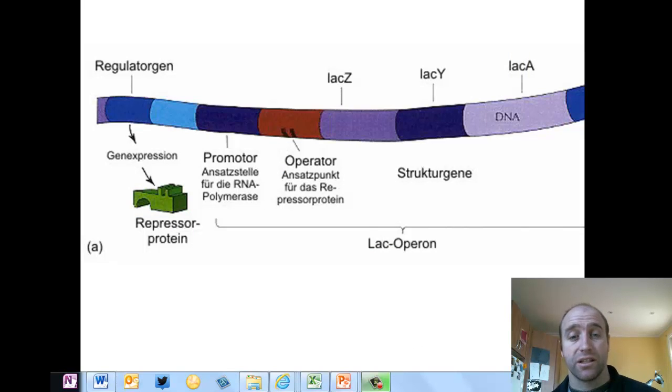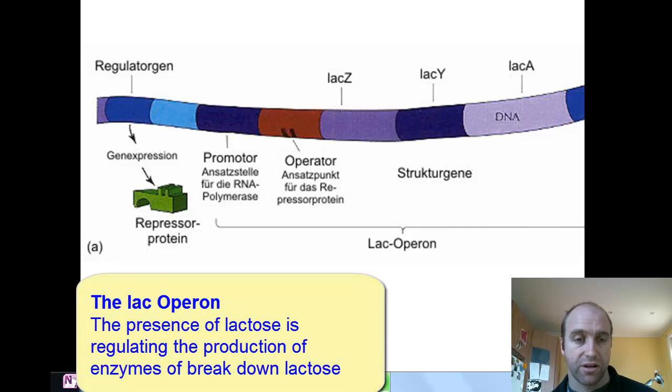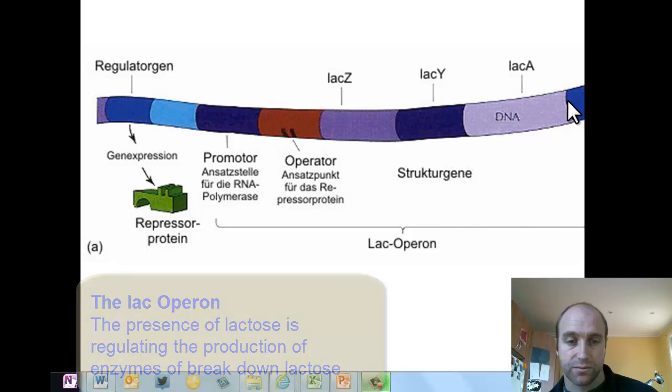So let's have a quick look at an example of this and have a look at how regulation could occur in bacteria. And this example we're going to look at is regulation that's controlled by lactose. So in our example here, we have a regulatory gene which is somewhere else producing a repressor protein. We have a regulatory sequence which is a promoter, an operator, and a whole lot of genes that have to do with lactose.